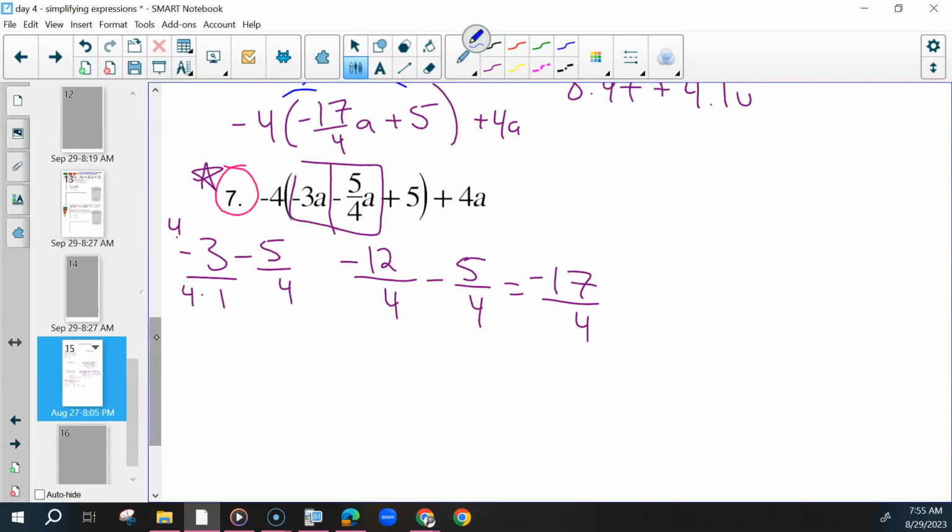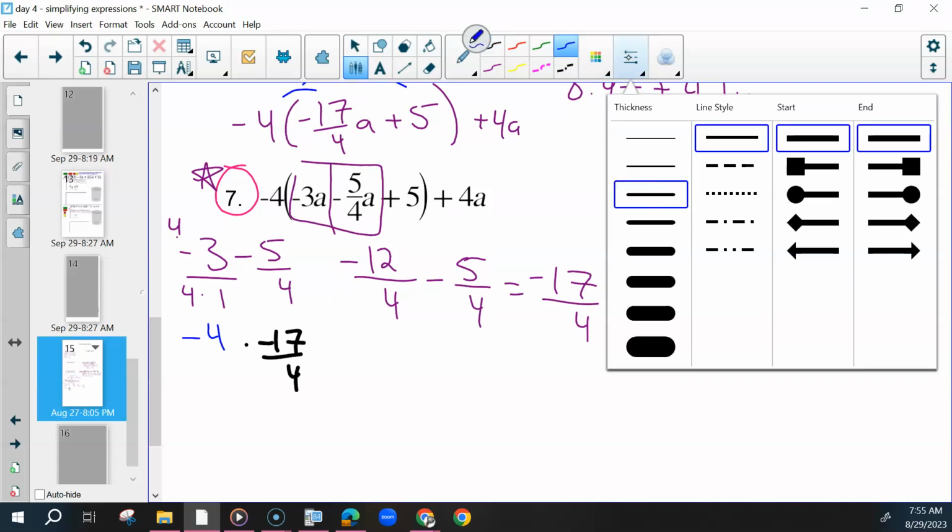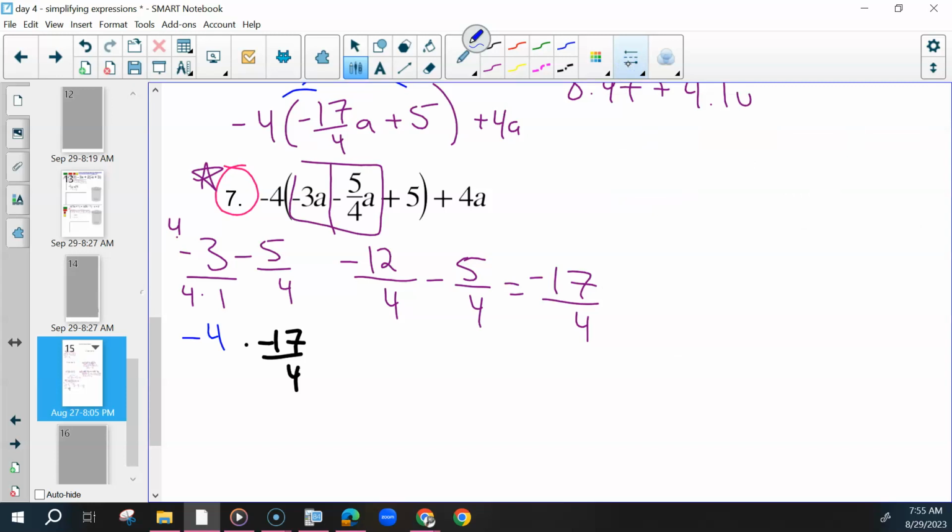So when we multiply the negative 4 here, and you can double check this in your calculator, but I'm going to show you how to do it by hand first. So that's negative 3, right? It's negative 3. And then we multiply it by 4.